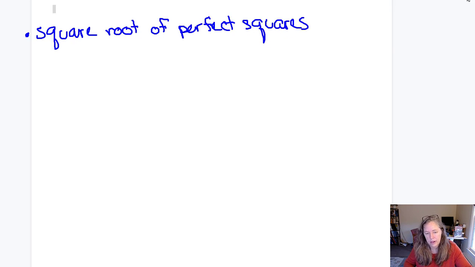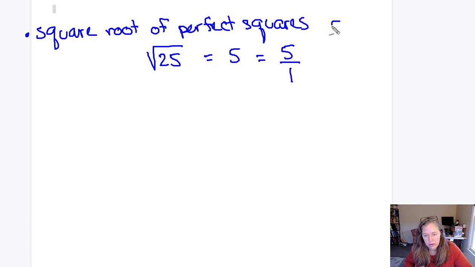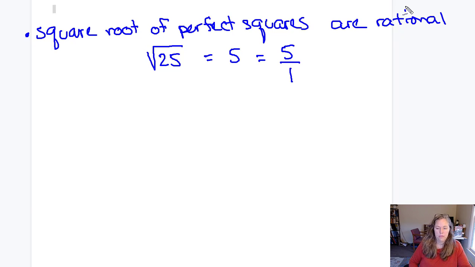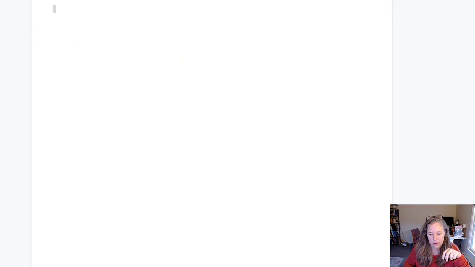Like the square root of 25 is 5, and it can be written as a fraction. So they are rational. Those are your rational numbers. So I'm going to erase, and then we're going to talk about irrational numbers.